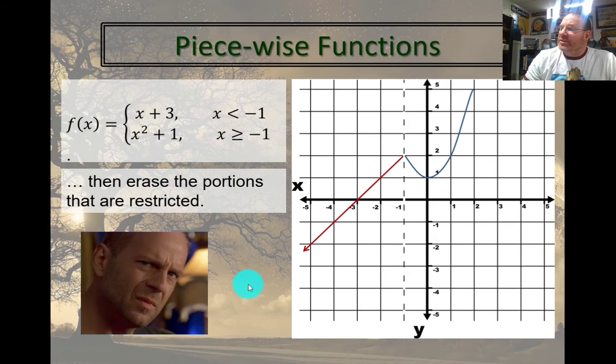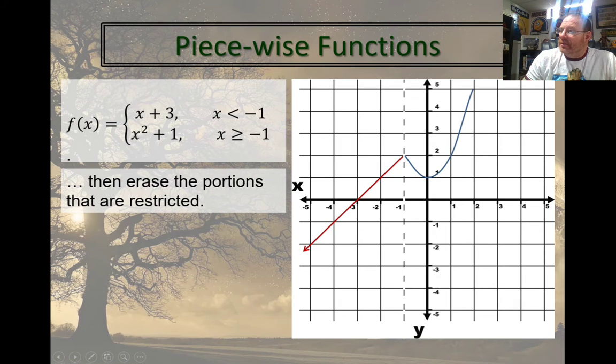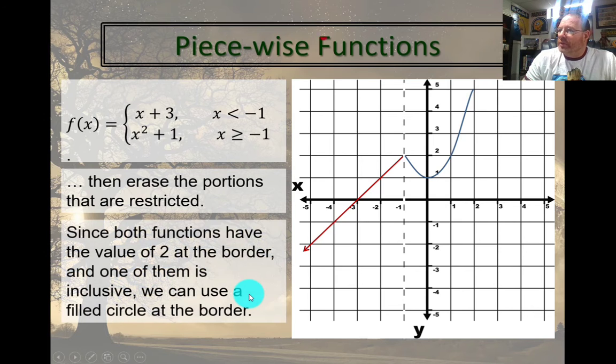Now since they both end up at that same spot, you can put a point there and you don't have to worry about the open or closed circle, because one way or the other, and in this case it's the blue graph, includes that point. Okay, so that's how you do a piecewise function.